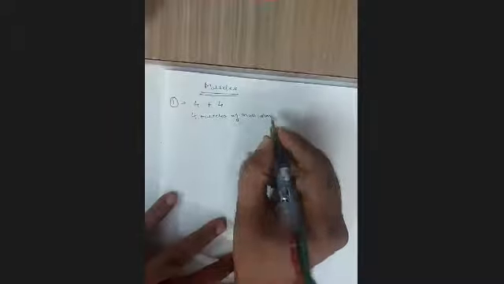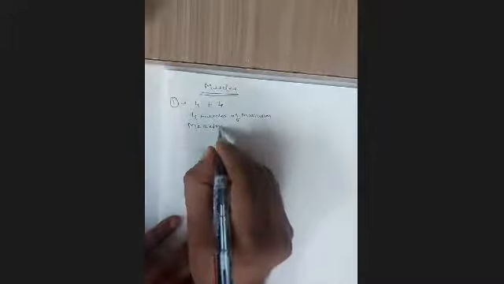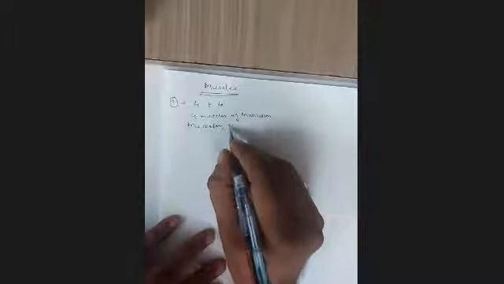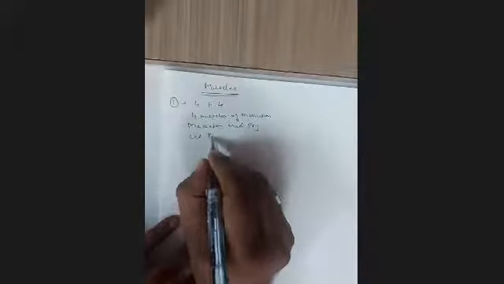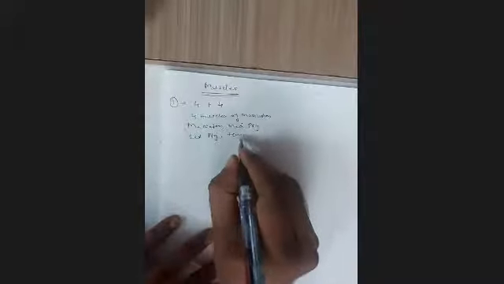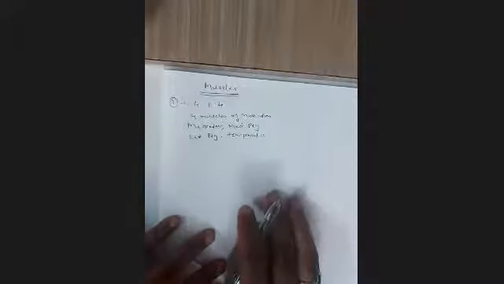Now, what are the 4 muscles of mastication? Masseter, then medial pterygoid, lateral pterygoid, and temporalis. So these 4 muscles develop from the first arch. Okay.